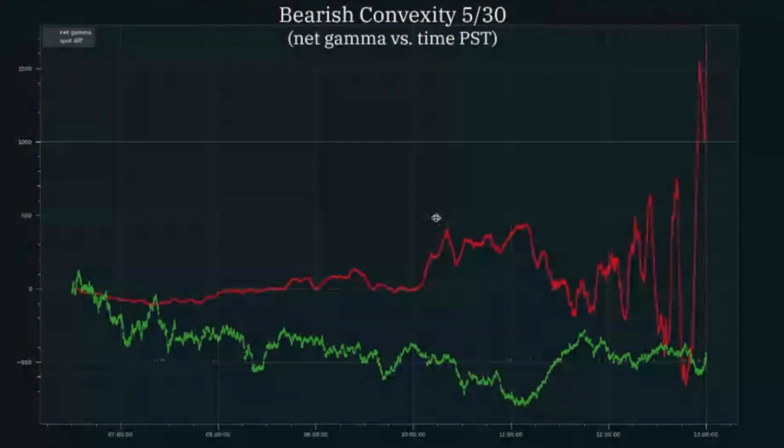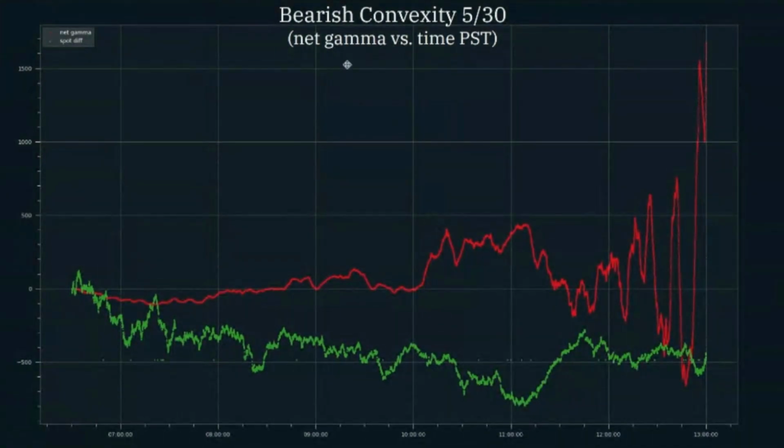Sure. I think the tricky thing with a lot of this kind of analysis is that there's a tendency to throw a whole bunch of charts at people, give them as much analysis as possible. And I think that can make it hard for a lot of people. At least with Gexbot, a lot of it has been trying to drill it down to something more actionable.